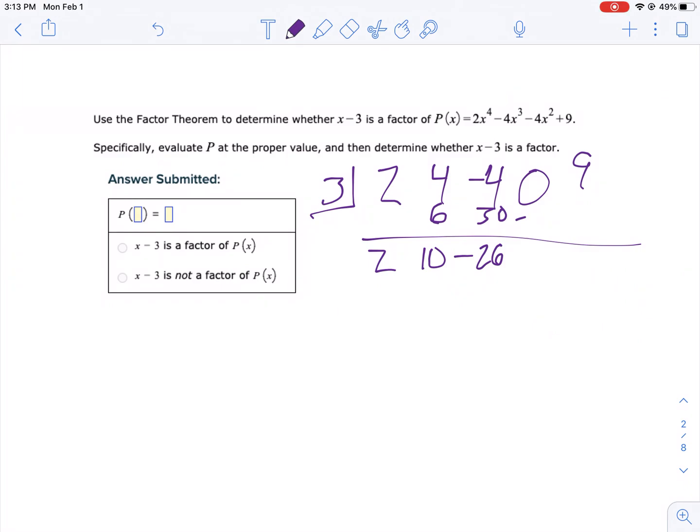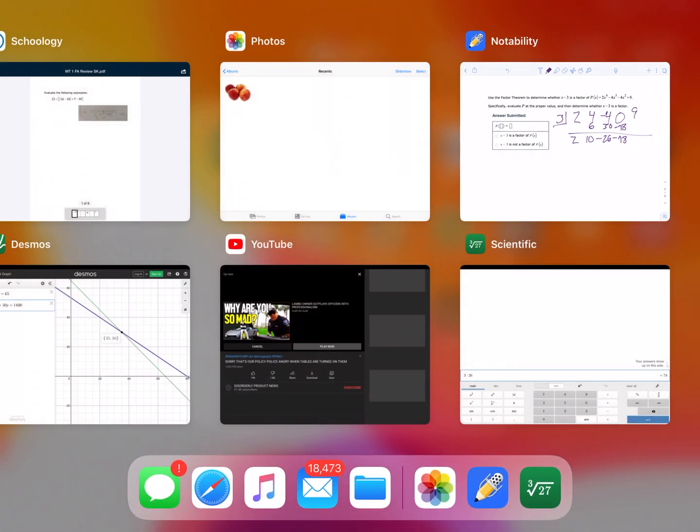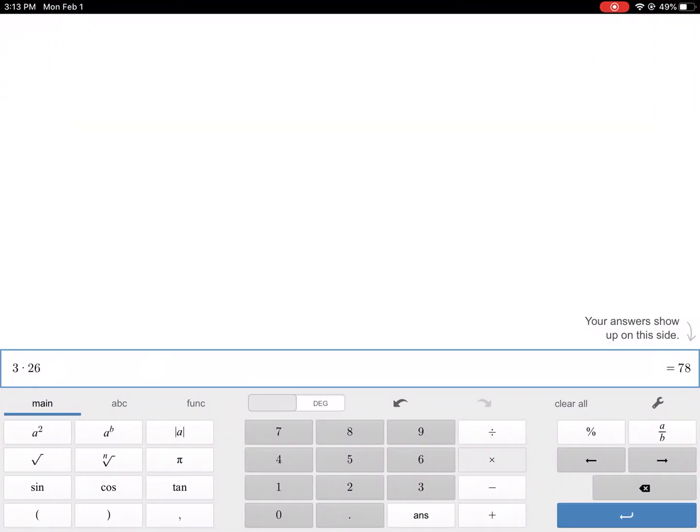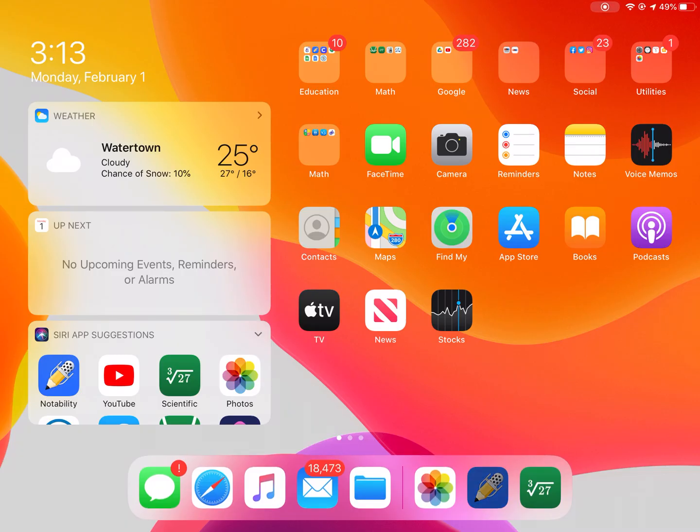So then we get negative 78. Negative 78 times 3 gives us negative 234.